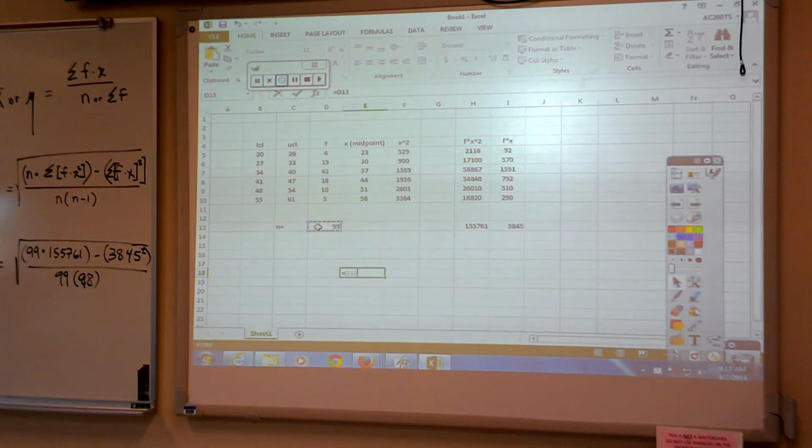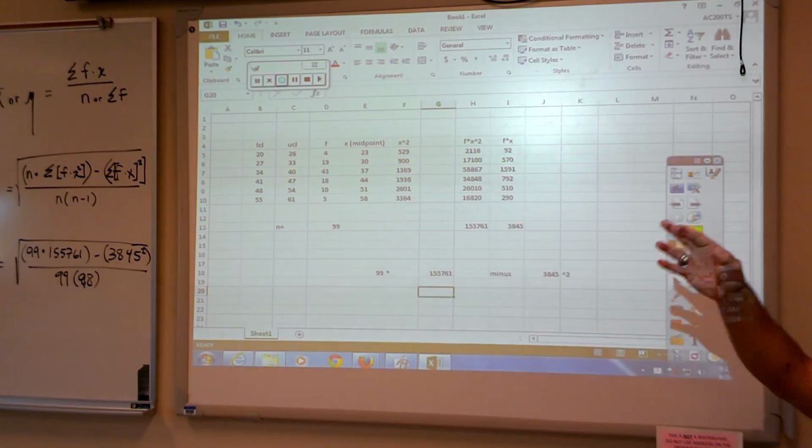Equals 99 times this guy, and I'm gonna put minus this guy raised to the second power over, I'm not doing the calculation, I'm just putting it just like I did up there.